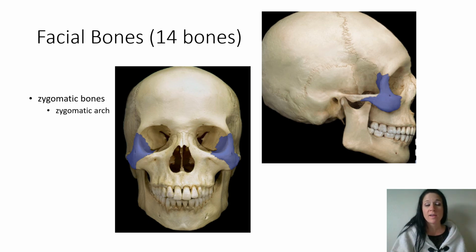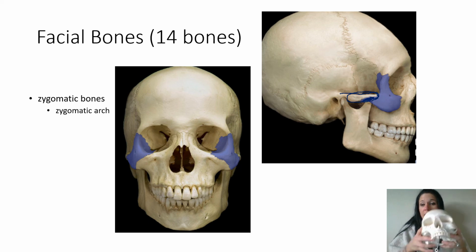And the zygomatic bone has this little process coming off of it that's going to connect with a process coming off of the temporal bone. Okay, so we have this structure here, and this is the structure we need to identify called the zygomatic arch.